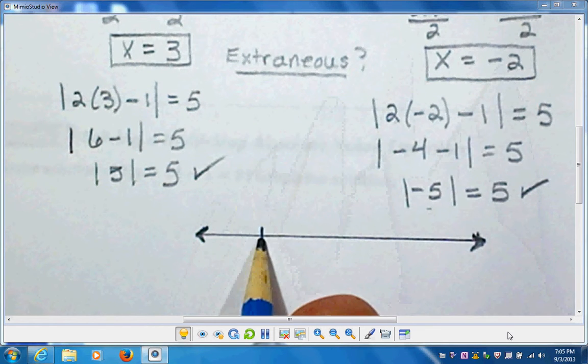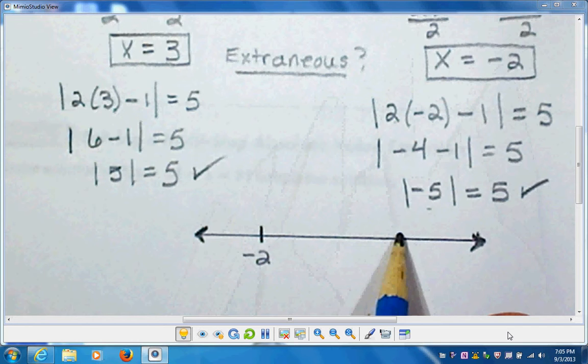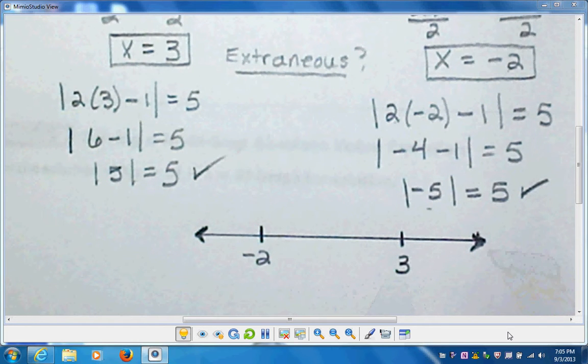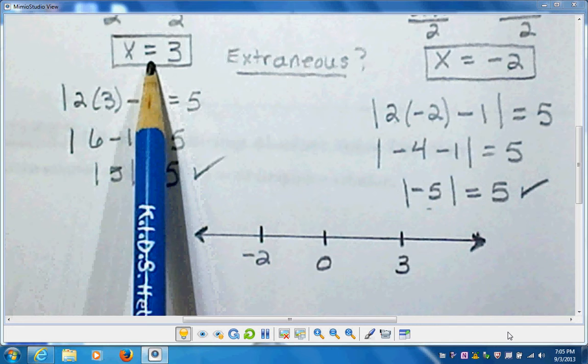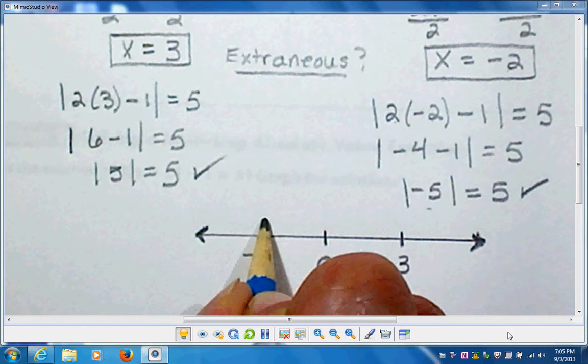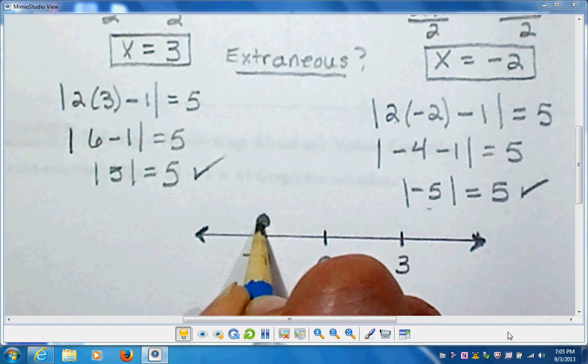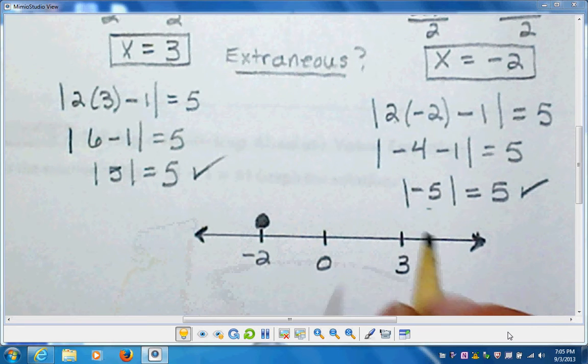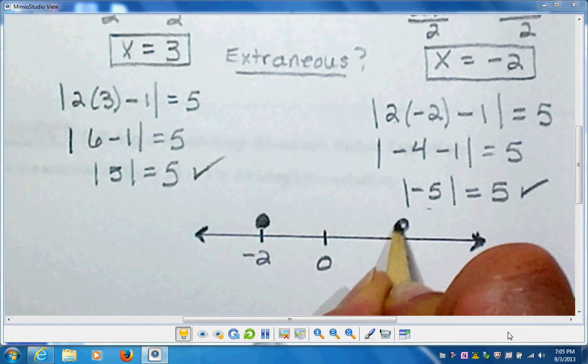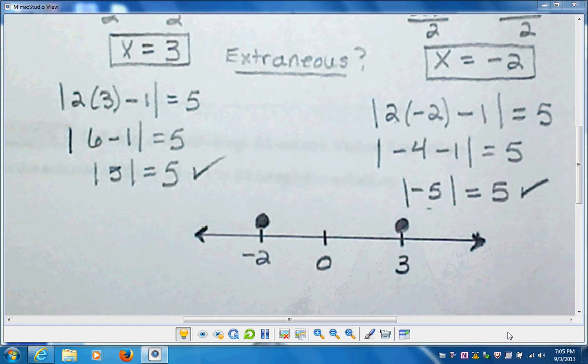Negative 2 is over here and 3 is over here on a number line. If I want, I could put 0 here. Not necessary, but you can do it. Now, because this is an equality, it means it's exactly negative 2 and it's exactly 3. So those are the two answers of x that solve this problem.